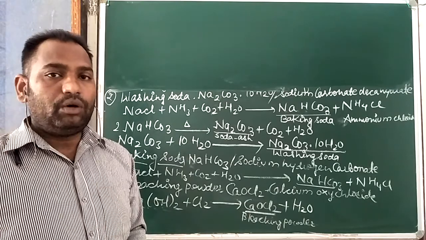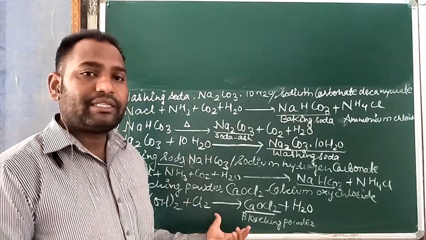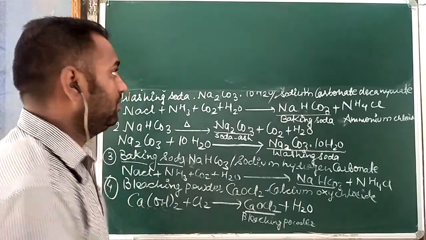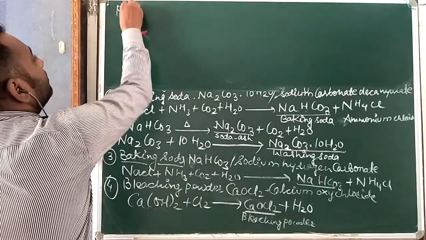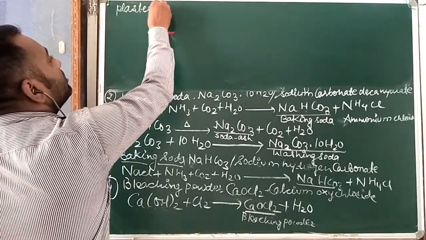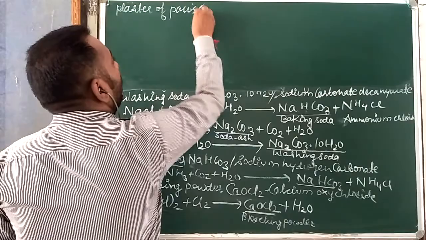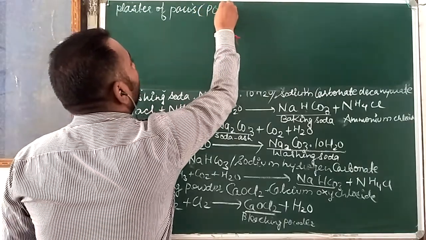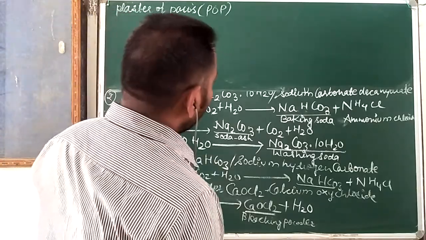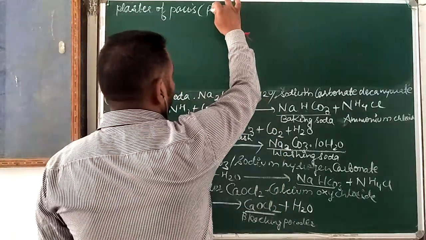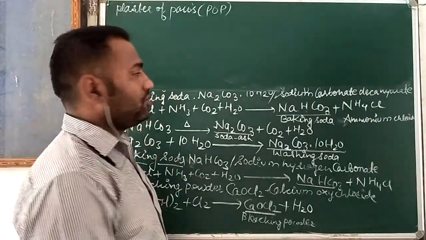So first of all, now we are discussing our fifth salt, that is plaster of Paris, also known as POP. How can we form this plaster of Paris?